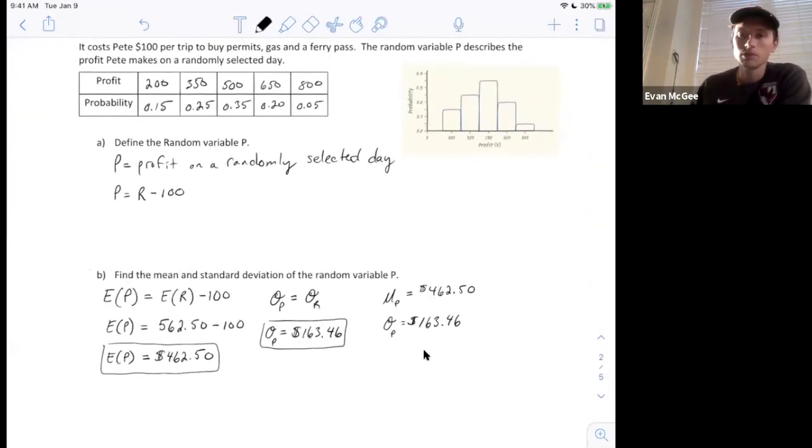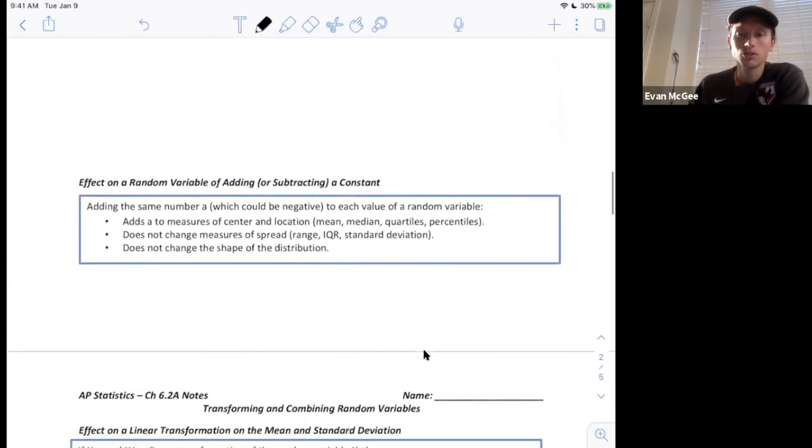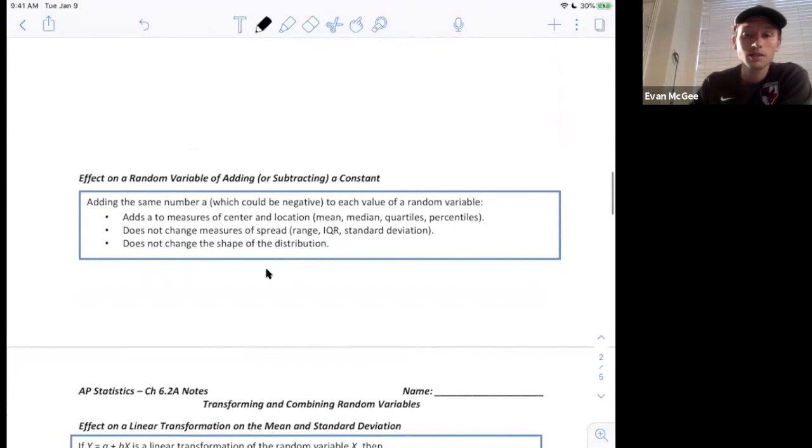Let's look at our last example. It's a linear transformation where we're going to use these exact values, but we're going to conduct the multiplication and the addition at the same time. Just a reminder, when we subtract, it changes the measures of center and location, but it does not change the spread, nor the shape of the distribution.